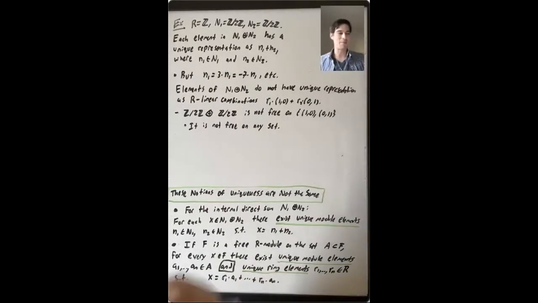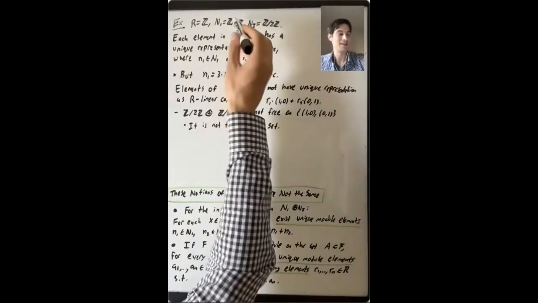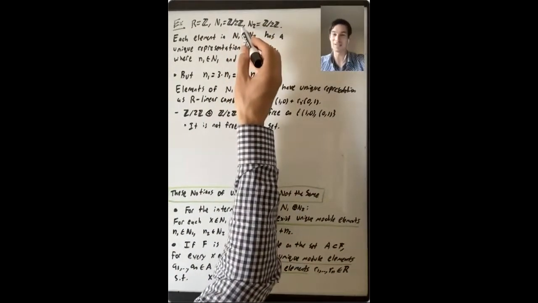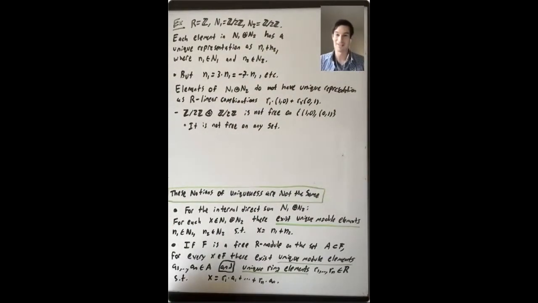Let's take the example of R equals Z, and Z mod 2Z is our first Z module, and Z mod 2Z is our second Z module. So we can think about the external direct sum, Z mod 2Z cross Z mod 2Z.